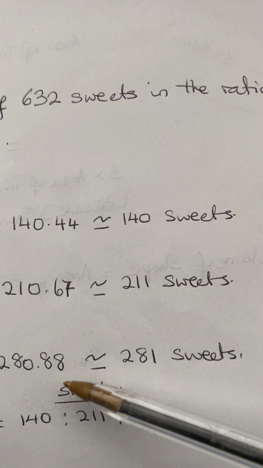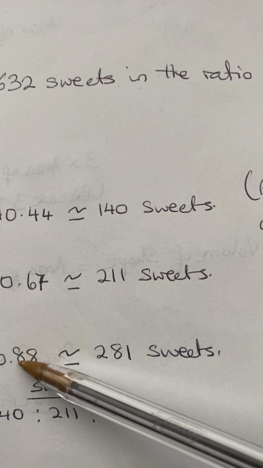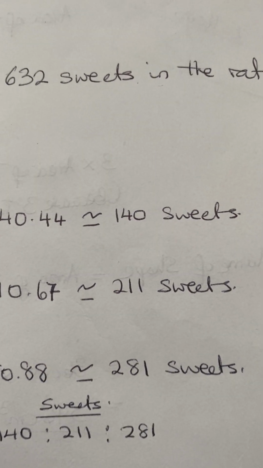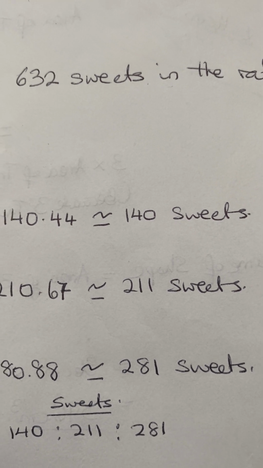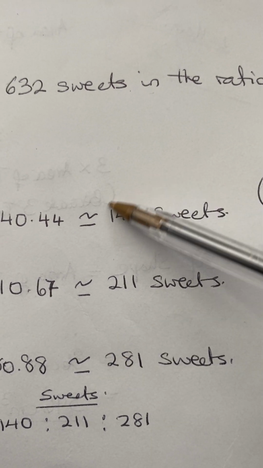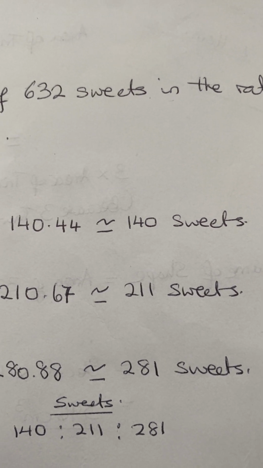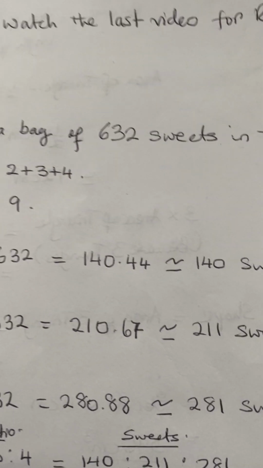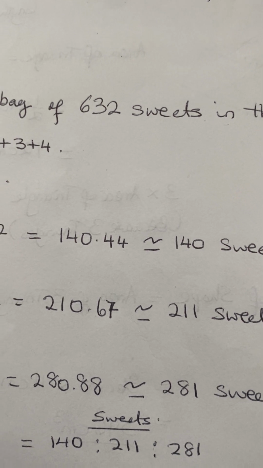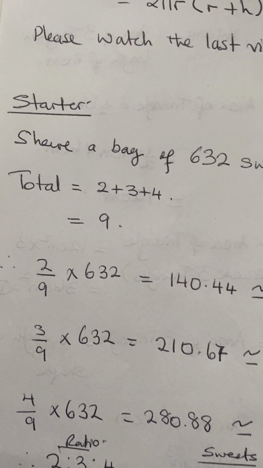You wouldn't want somebody giving you 0.88 sweets. So you have to give it as the nearest whole number, even though they haven't told you. So that is our starter for today.